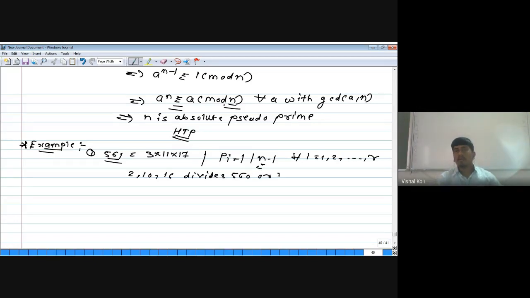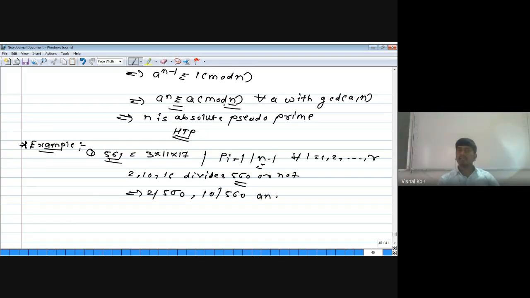If 2, 10 and 16 divide 560, then the corresponding n is an absolute pseudoprime, and if either 2 or 10 or 16 does not divide 560, then the corresponding number is not an absolute pseudoprime. 2 divides 560, since 560 is an even composite integer. What about 10? 10 also divides 560.